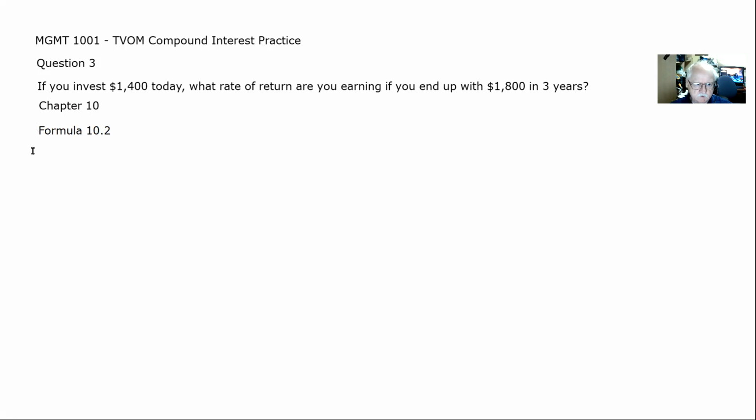And formula 10.2 looks a lot like this. I equals future value divided by present value to the power of 1 divided by n, and then minus 1.